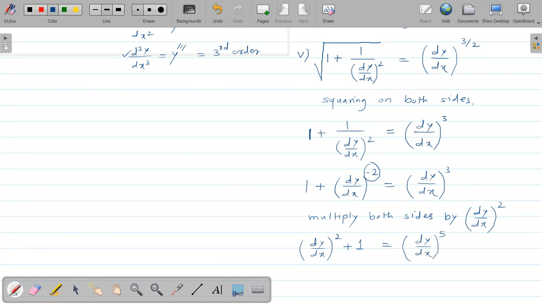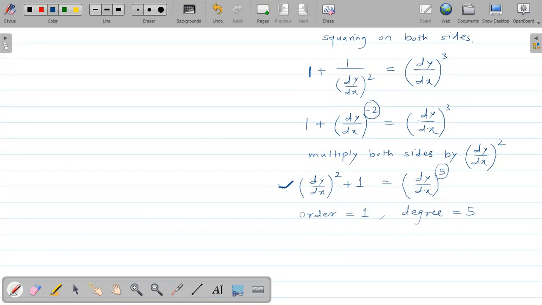Okay, so by multiplying both sides by dy by dx raised to 2, we get this equation. Now it is ready to find out the order and degree of this differential equation. Now order of the differential equation is 1 here, because the higher order derivative is dy by dx here. Okay, and the degree, that is the power of highest order derivative which is involved here, so it is 5. So degree is 5 and order is 1.